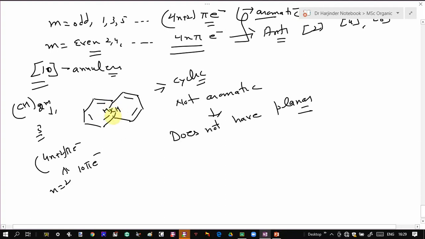So these two hydrogens have steric strain and they try to repel each other. Due to the presence of these hydrogens, they produce a steric strain in the structure, due to which they do not have a planar structure.